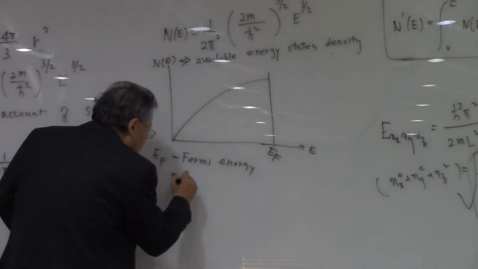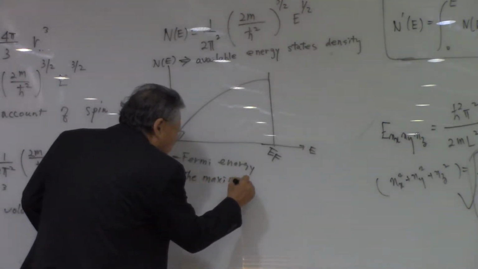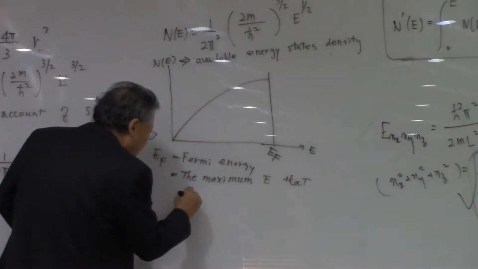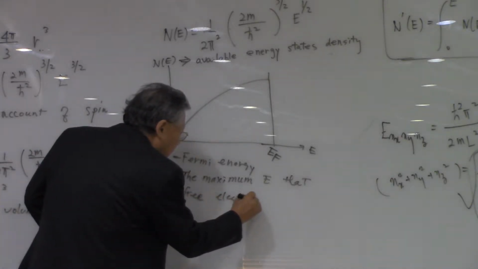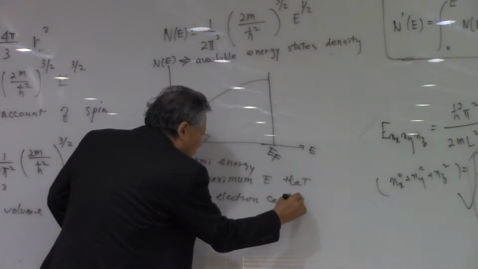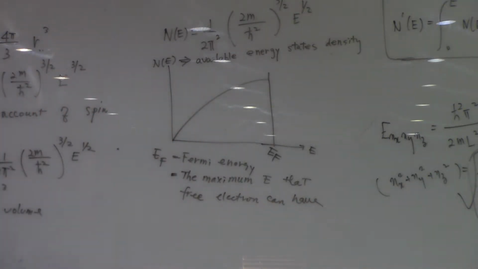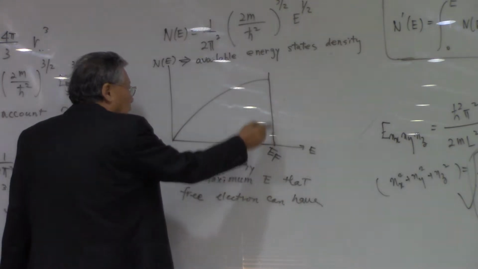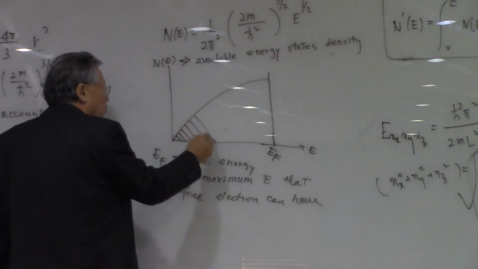The maximum energy that a free electron can have, and that is going to be the Fermi energy. So the maximum energy is the Fermi energy, like this, and then the available energy states.